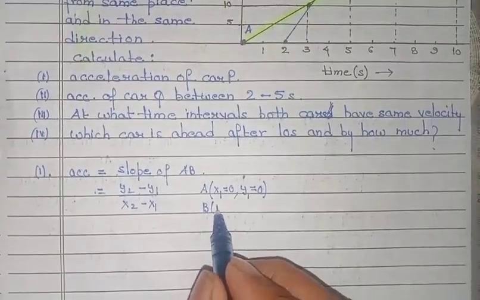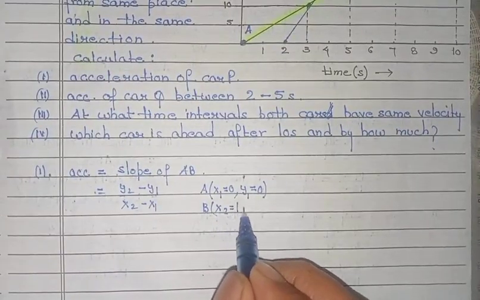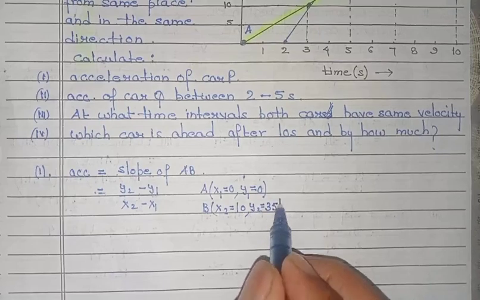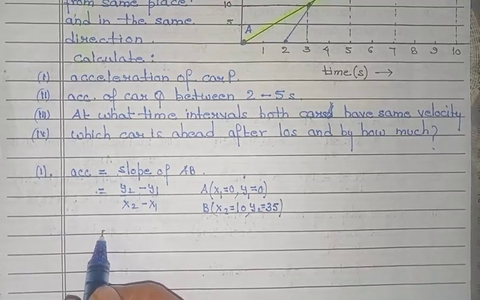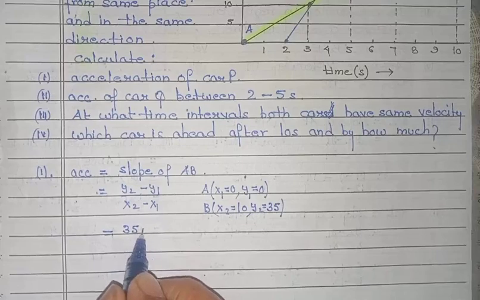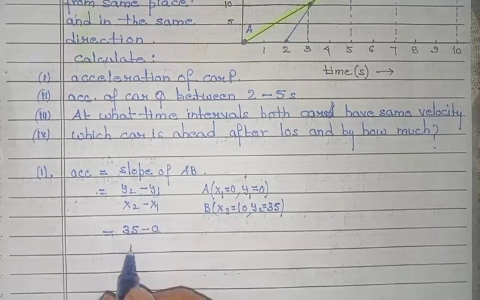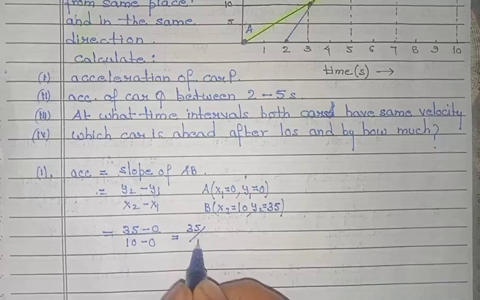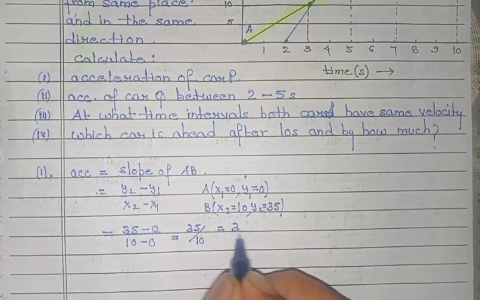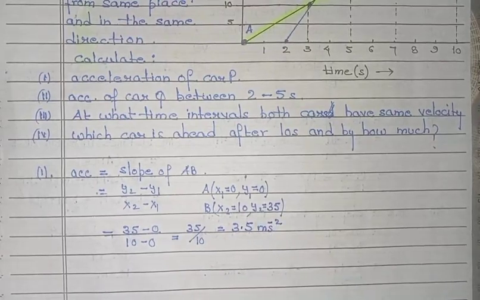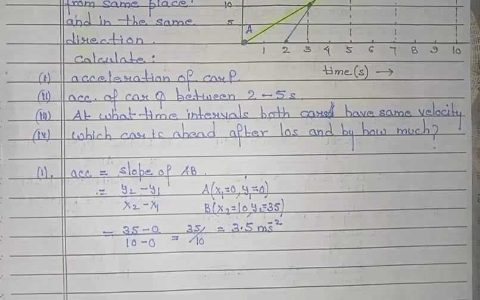So x2 is 10 and y2 is 35. Substituting these values over here, y2 minus y1 upon x2 minus x1. So we are getting 35 upon 10, so that is 3.5 meter per second square. So we have got acceleration for car P.